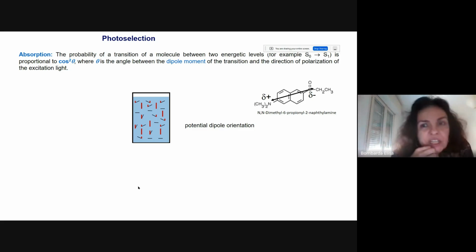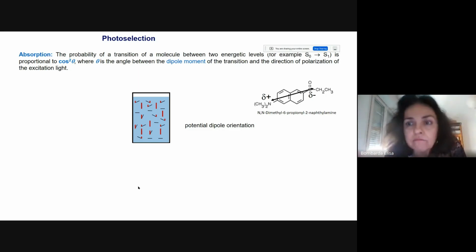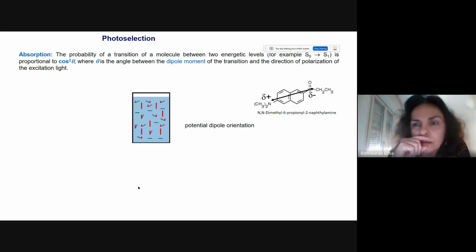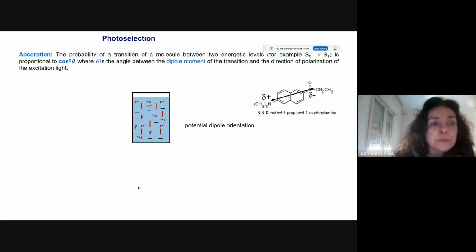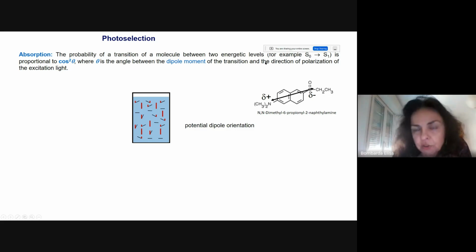As we have just seen before, the probability of transition of a molecule between the two energetic levels, here S0, S1, is proportional to the cosine squared of theta, which is the angle between the dipole transition and the direction of polarization of the excitation light. We had just seen it before.